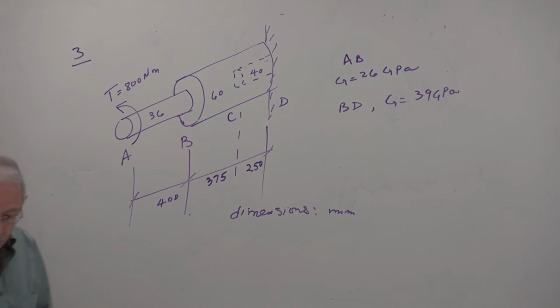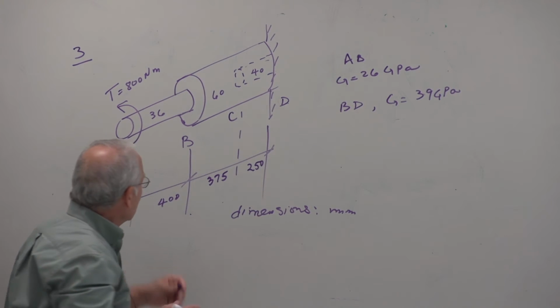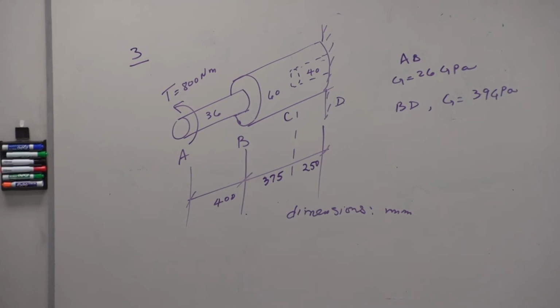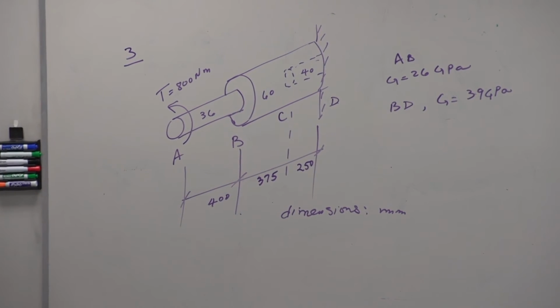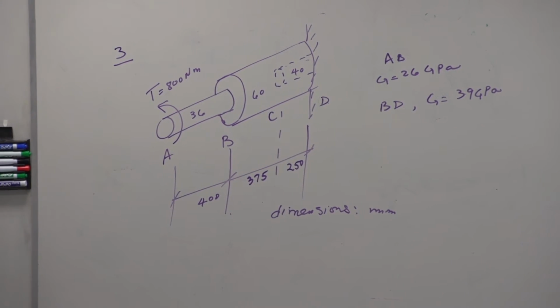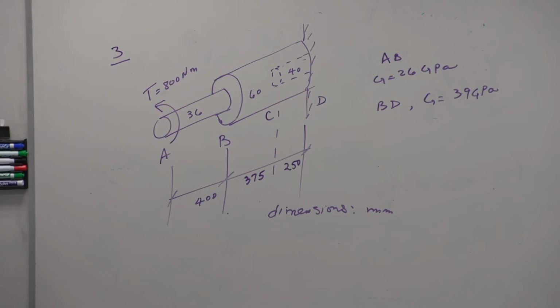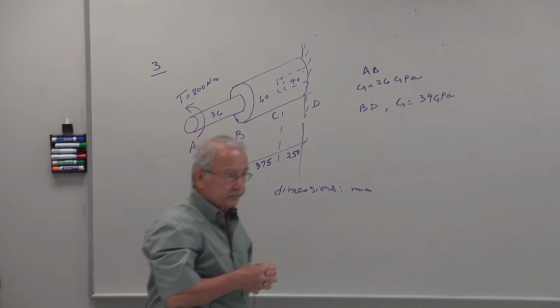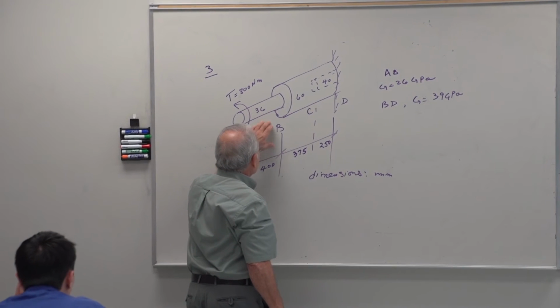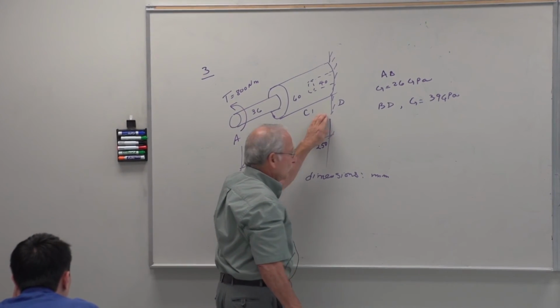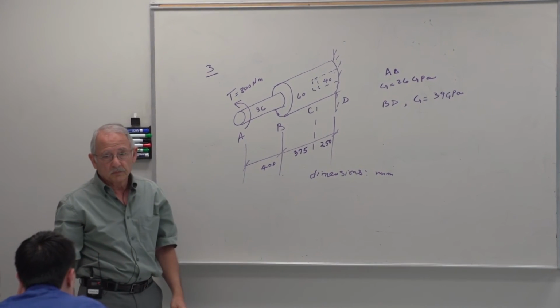So, in this case, you have a torque applied, and you would like to find the strain energy for that. Clearly, we have three sections here, not because the load is changing, but because the cross-sectional area is changing. We can find the strain energy in each one of these three and add them all up.